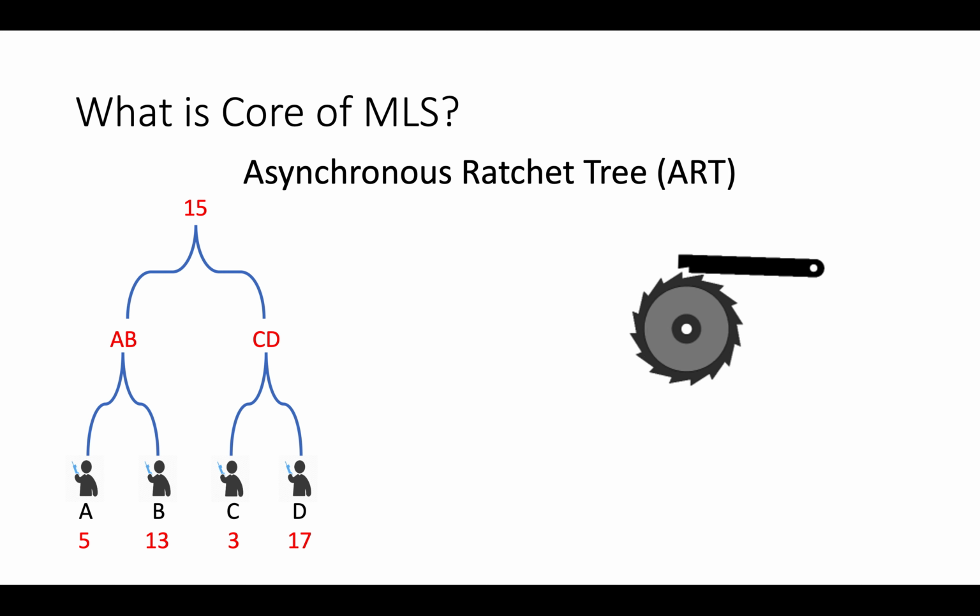This is called a ratchet wheel. Can you see a distinguishing property of this wheel? This wheel is rotating in one direction only and is not allowed to rotate in the reverse direction. We will see how the ratchet tree has this property inside. So, let's begin our session.